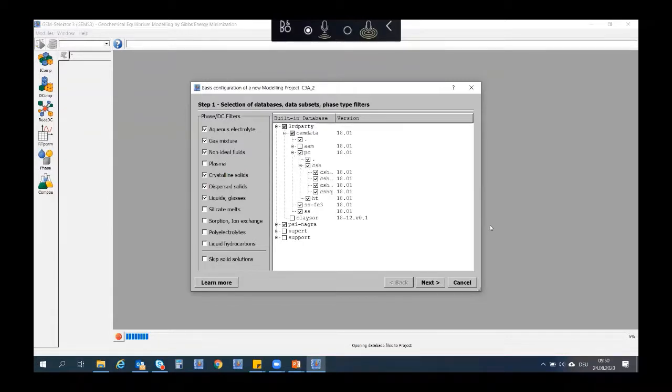You also have to open PC, and you will see that there are a number of different options for CSH. If we look in the literature, there are a number of different ways to model CSH, and we've given the user the option to select which one he wants to use. For the course, we will always use CSHQ.